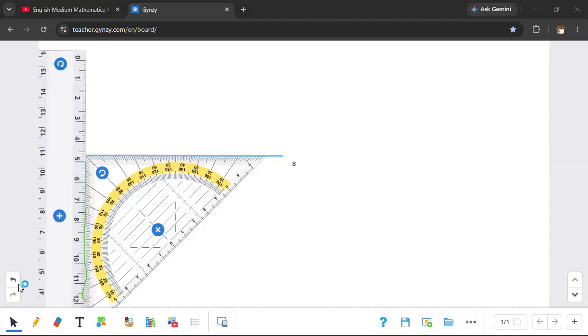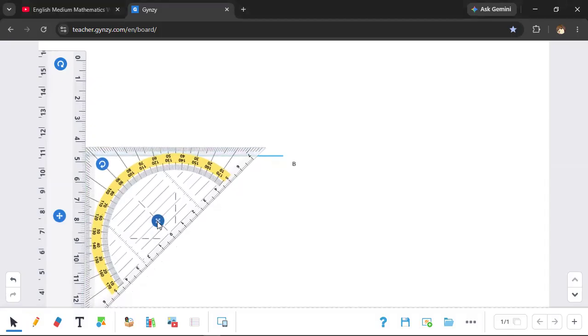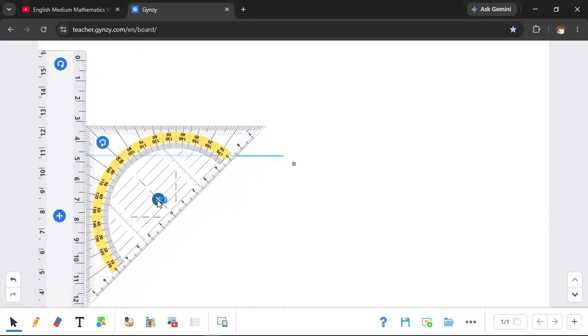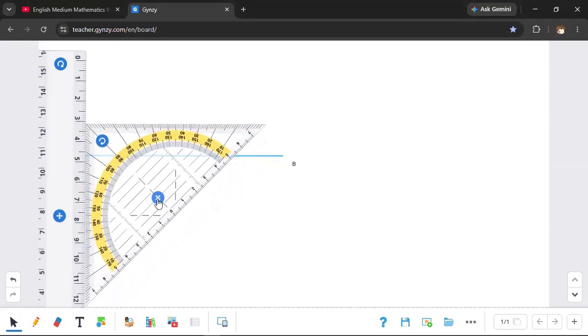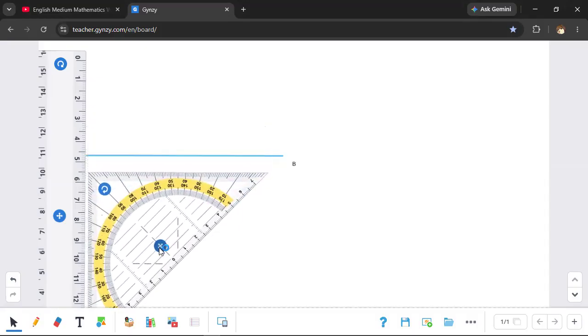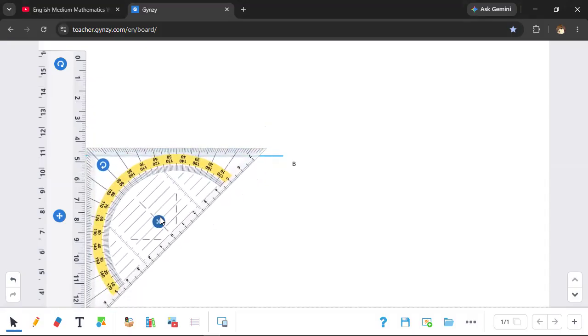Right? Green line. So I will clear it. Right. Now what you have to do is move it to the top, right? By holding the ruler from your left hand side, right? Slide to the top.